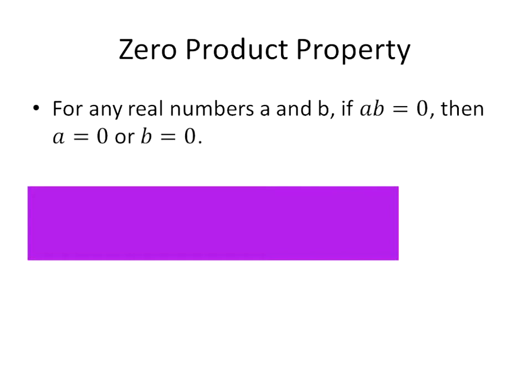And it says for any real numbers, A and B, so real numbers is like decimals, fractions, positive, negative numbers, and so on. For any real numbers, if A times B equals 0, then A equals 0 or B equals 0, which is exactly what we just said, isn't it? Okay? So I'll give you a chance to get that copied down.